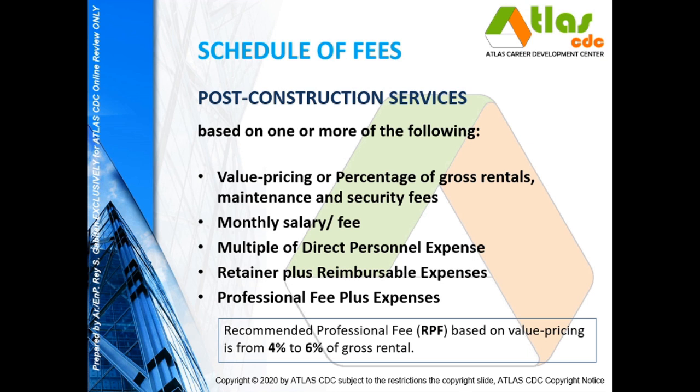Or you can use the monthly salary fee, or the multiple of direct personal expense, or retainer plus reimbursable expenses, or PF plus expenses. Now, if you are using the percentage, the recommended professional fee, RPF, is based on value pricing from 4% to 6%.